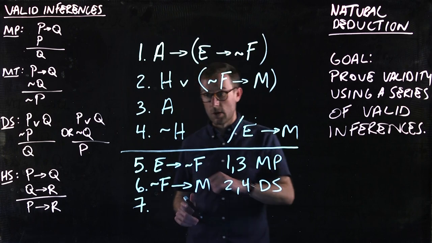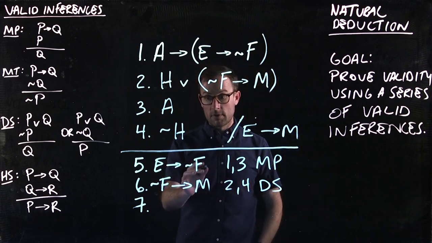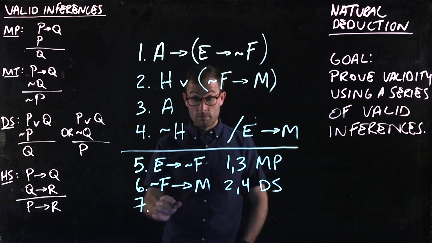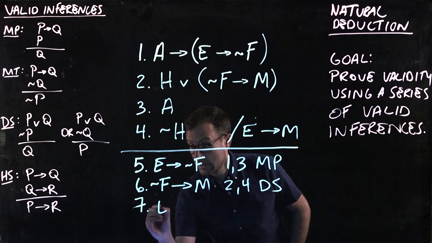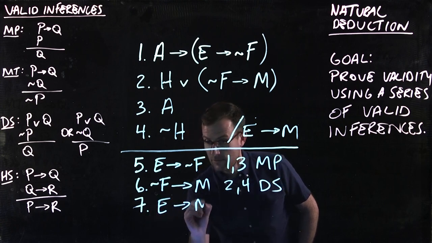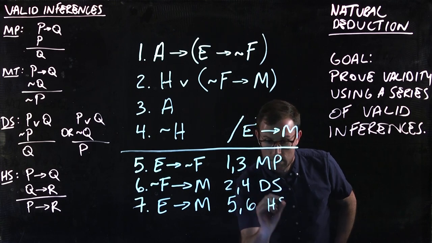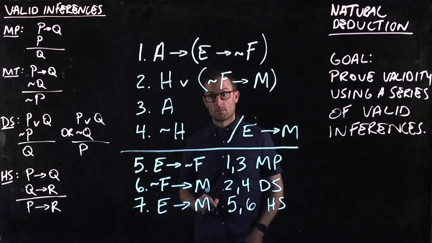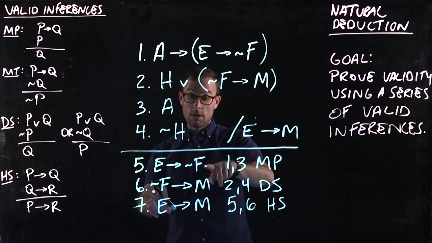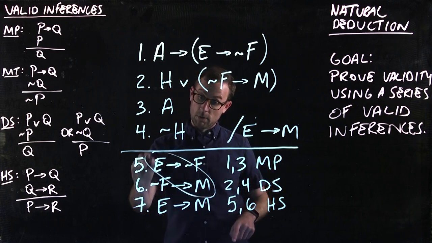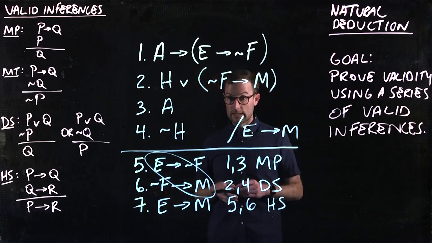So if we were to just read 5 and 6: if E then not F. If not F, then M. According to the hypothetical syllogism, we get 7, if E then M, from 5 and 6 using the hypothetical syllogism. Again, not F is a common letter variable with the same truth value, so we are able to link that consequent in 5 with that antecedent in 6.